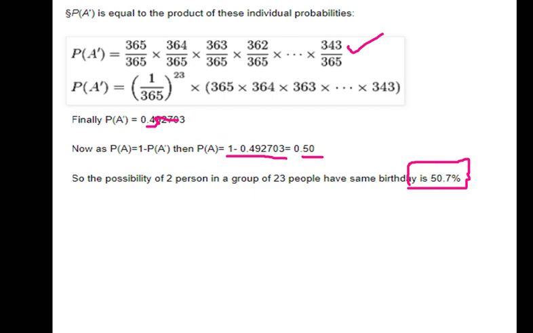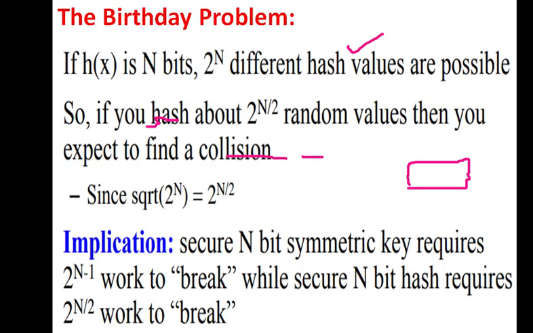Okay, based on this we are going to break the secret code. This birthday problem tells us that if h of x is a hash value of n bits, then 2 to the power n different hash values are possible.